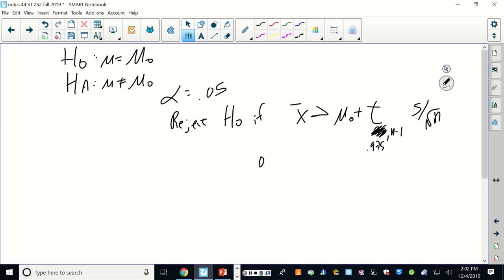Or X bar is less than mu sub 0 minus the t-value, 0.975, n minus 1, s over the square root of n. So that's a decision rule.